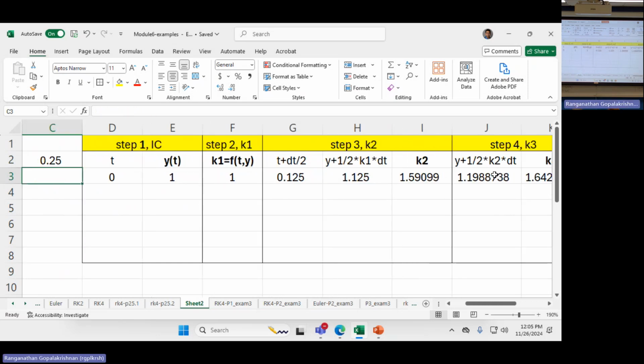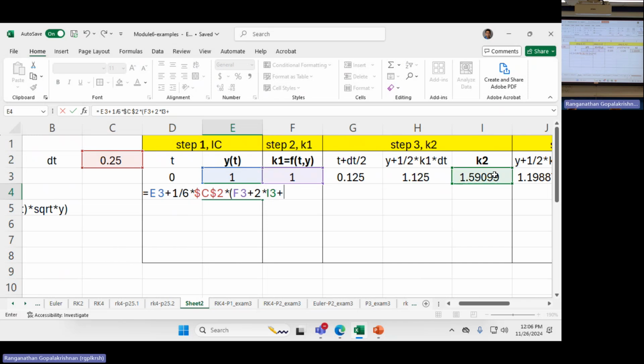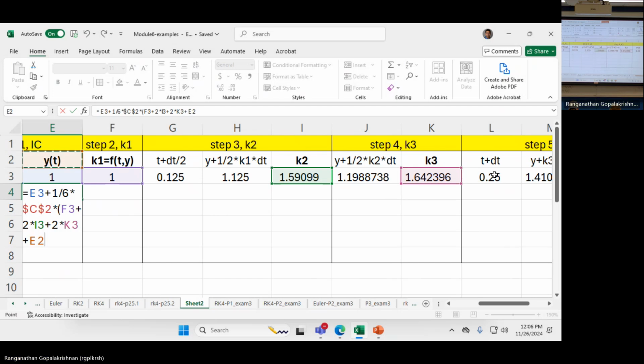Can I put all these together to compute y at the next step? Is everybody ready for that? Lauren, you ready? Shall we put it together? So at time t plus delta t, y is y plus 1/6 times delta t multiplied by K1 plus 2 times K2 plus 2 times K3 plus K4.